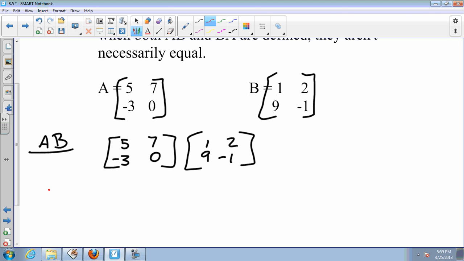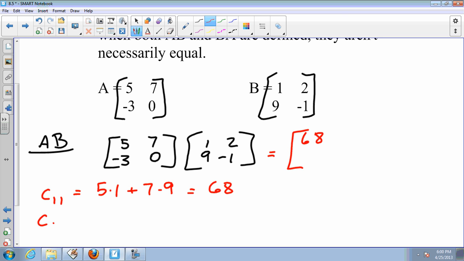So for spot C1,1, take row 1 times column 1. So 5 times 1 plus 7 times 9. That gives us 68. For C1,2, we take 5 times 2 plus 7 times -1. We get 3.